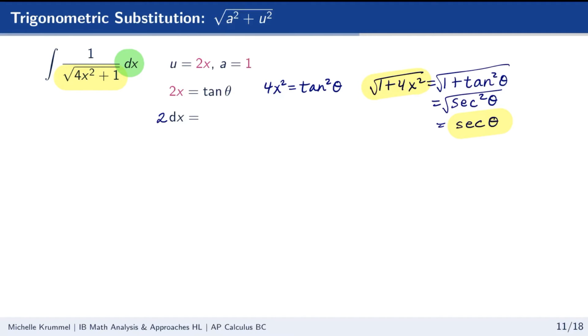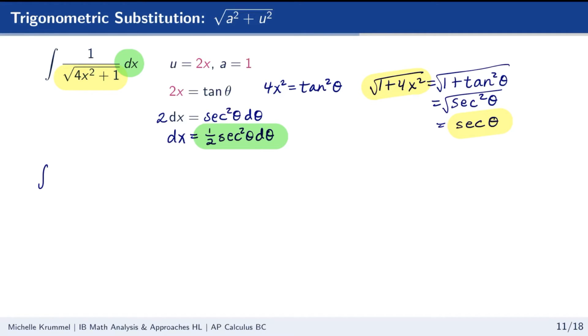The derivative of tan theta is secant squared theta d theta. So dx equals 1/2 secant squared theta d theta. That's what we're going to substitute in for the dx.